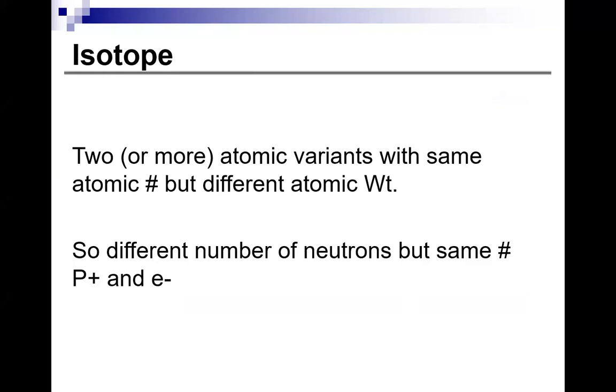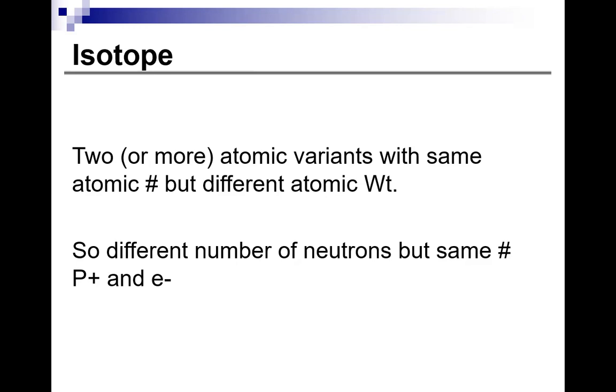If you've heard of carbon dating, like carbon-14, there's carbon-12, carbon-13, and carbon-14. All of them are carbon because they all have 6 protons, but they're considered isotopes because the number of neutrons varies.